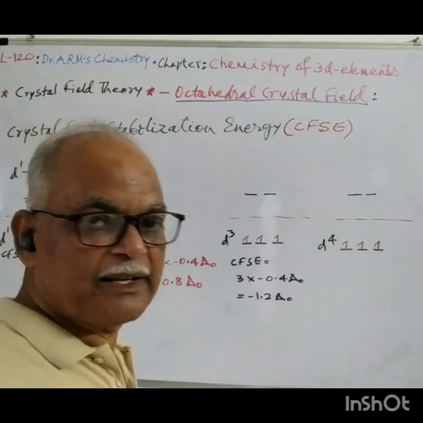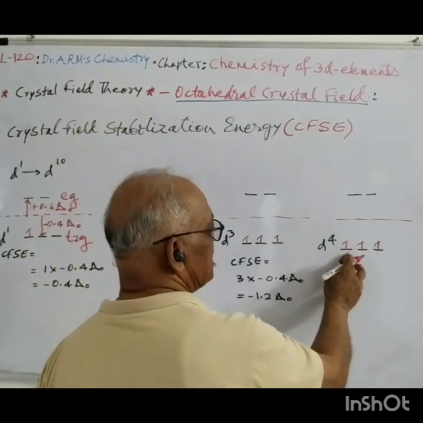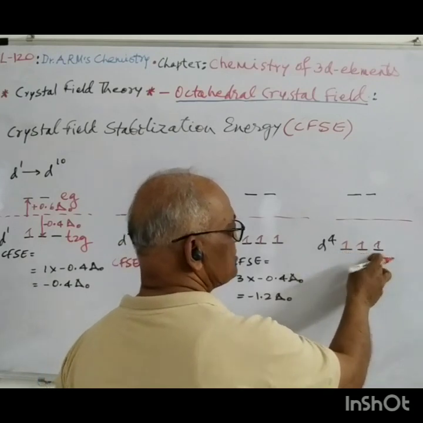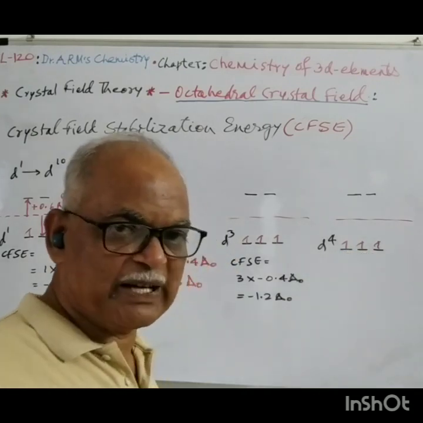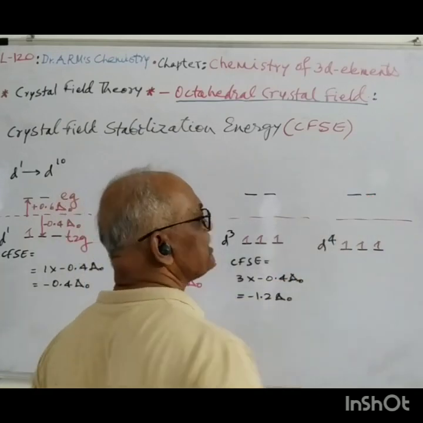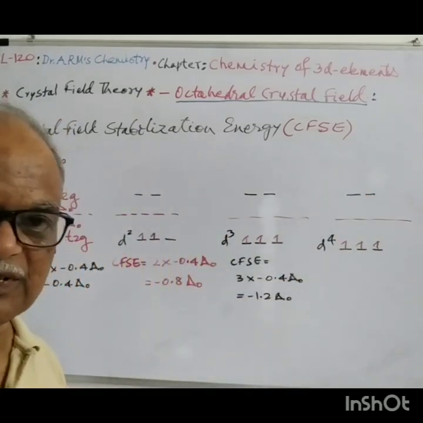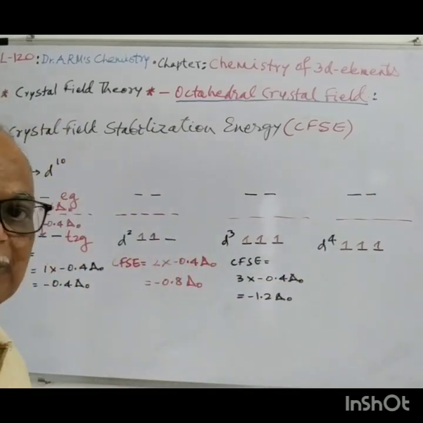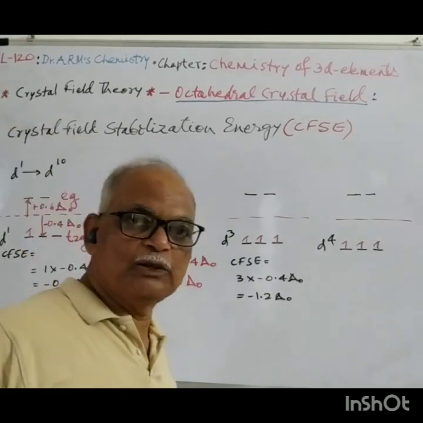So the question arises whether that 4th electron will enter any of these 3 orbitals, or it will go into these eg orbitals.